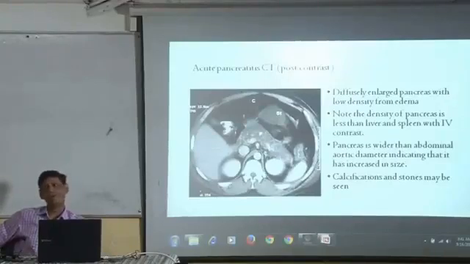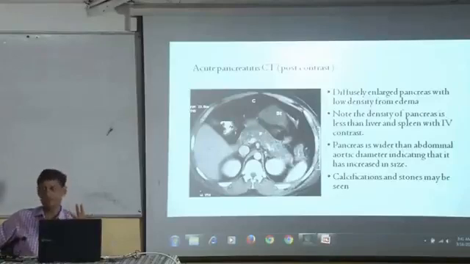The most common autoimmune disease that is associated with acute pancreatitis is ulcerative colitis. Actually, three diseases: cholangitis, pancreatitis, autoimmune thyroiditis known as the Riedel's thyroiditis, and ulcerative colitis. They have an association.